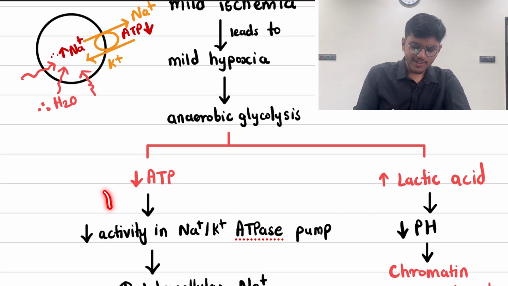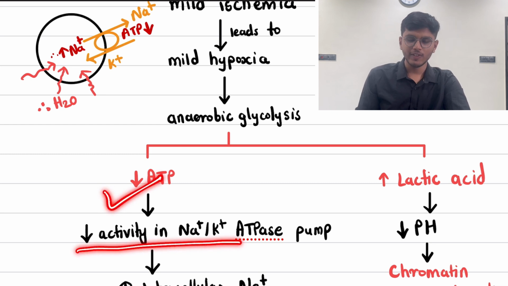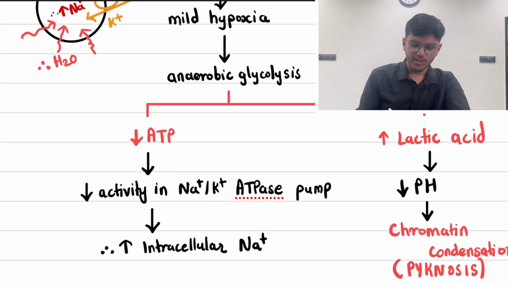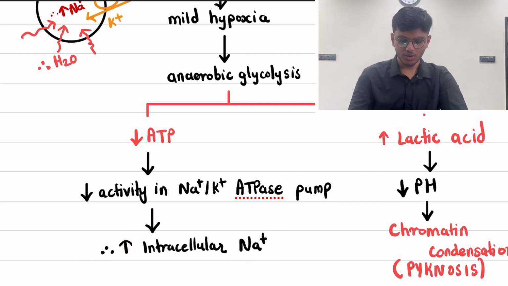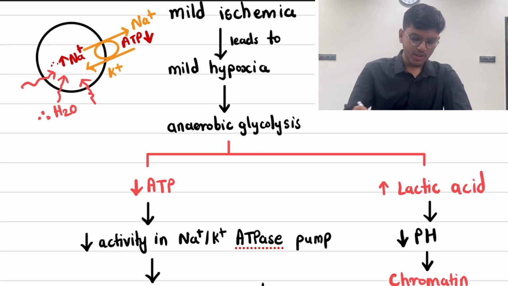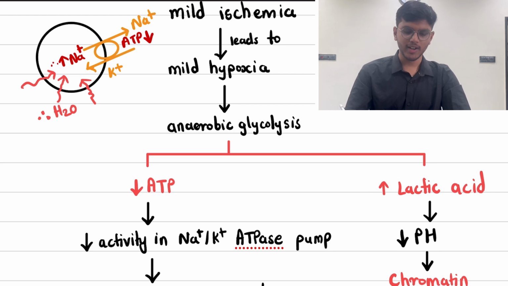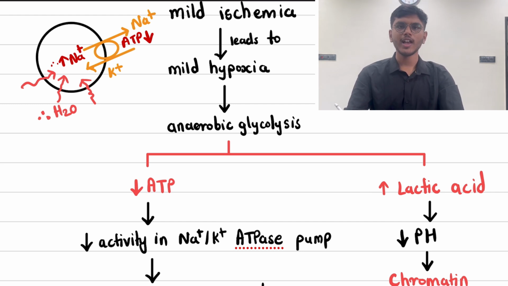Decrease in ATP will lead to decreased activity of the sodium potassium ATPase pump, due to which there will be increased intracellular sodium. We can see in the diagram that sodium generally goes out and potassium comes in with the help of the sodium potassium ATPase pump.